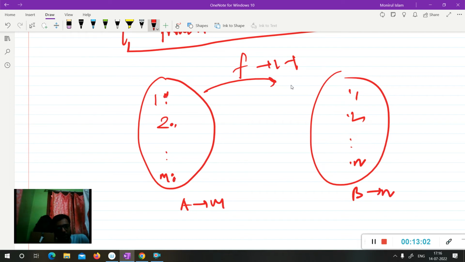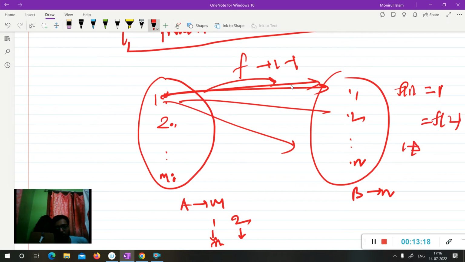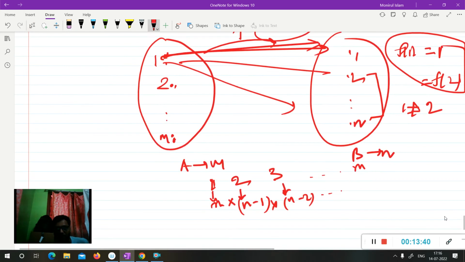You want to compute the functions which are one-one, means injective. If 1 can map to either 1, 2 or n, in case of 1 you have n choices. In case of 2, suppose f1 maps to 1, then f2 can never map to 1, because if f1 equals f2, it contradicts the injectivity. So f2 will map to either 2, 3 or n, so 2 has n minus 1 choices. Similarly 3 has n minus 2 choices. Similarly, for the last element, the element m, how many choices does it have?